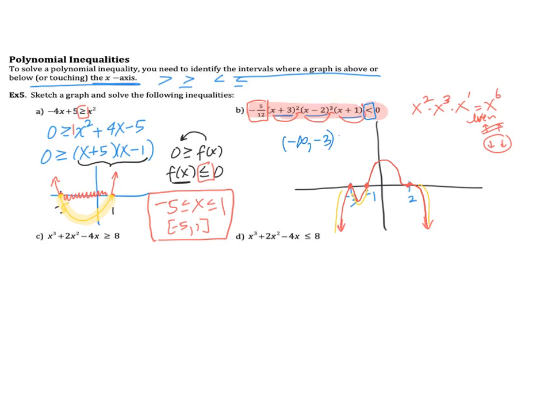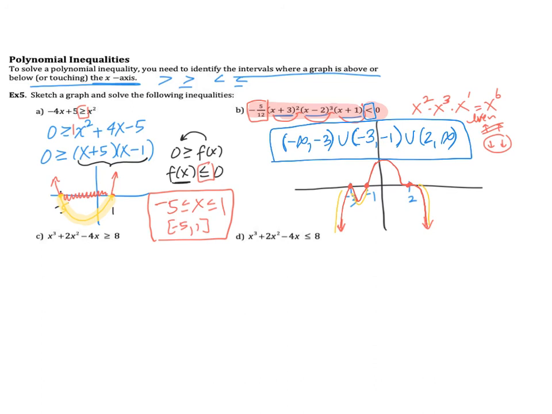We have to exclude negative 3, so we go from negative 3 to negative 1. Again, rounded parentheses because we're excluding those values. Or, your union, your U, is like an or statement, or it's going from 2 to positive infinity. So your answer is from negative infinity to negative 3, negative 3 to negative 1, and 2 to infinity.